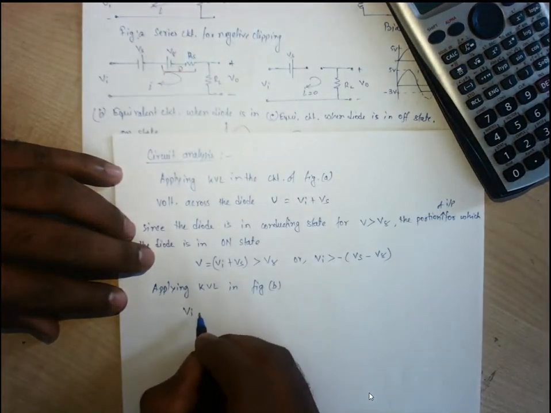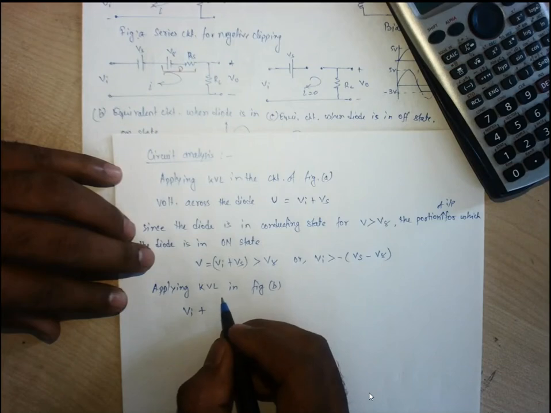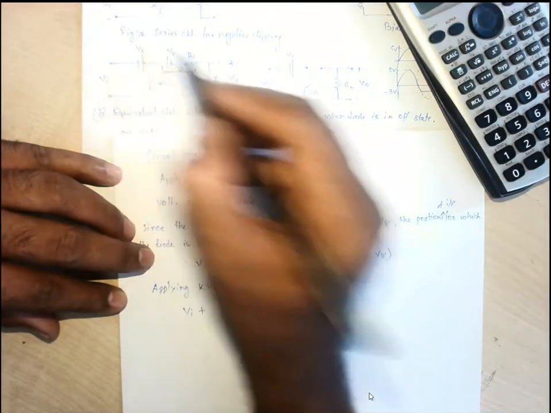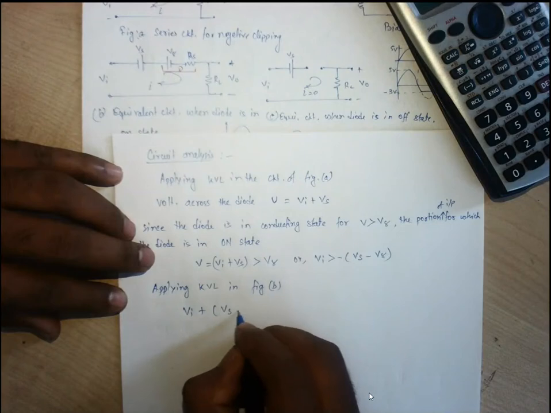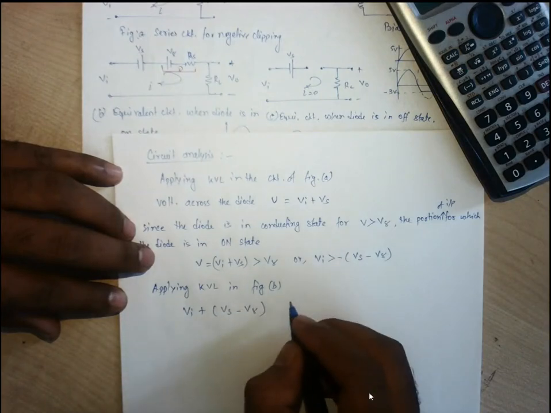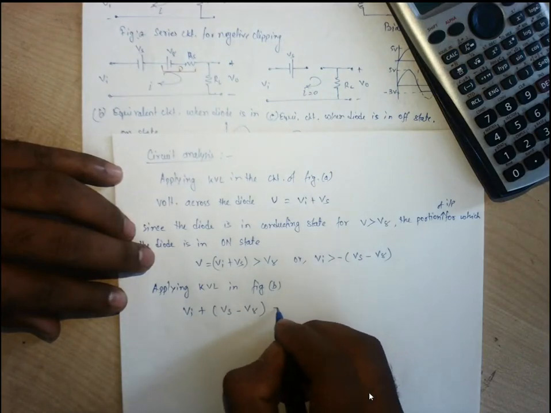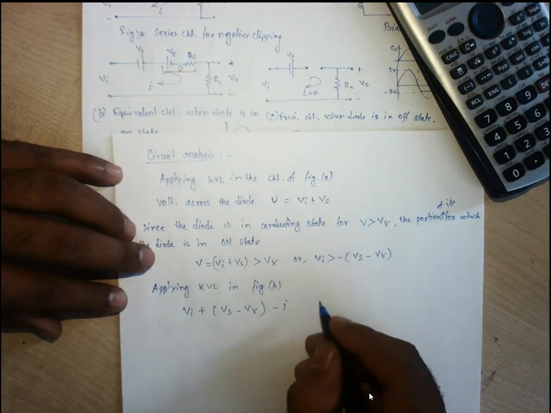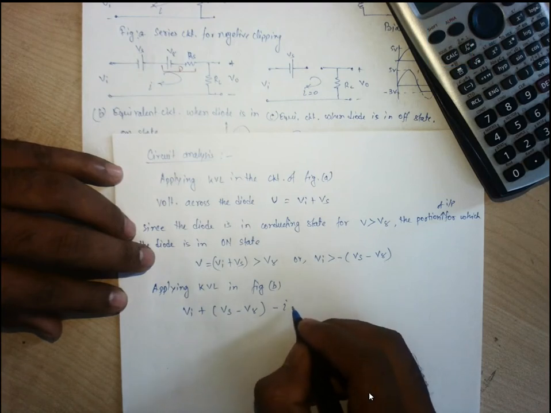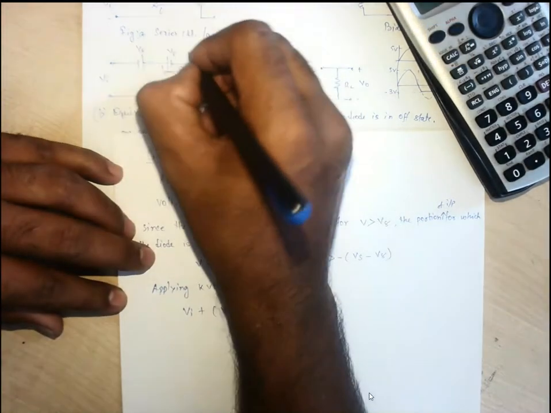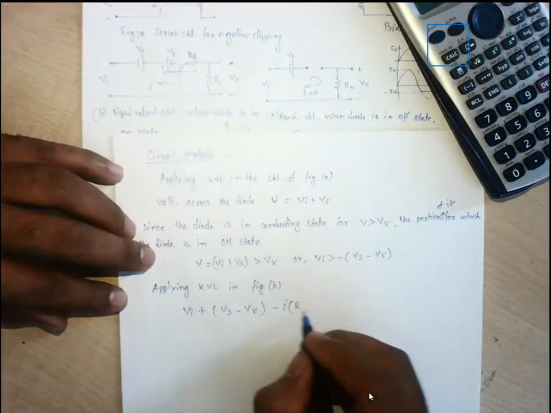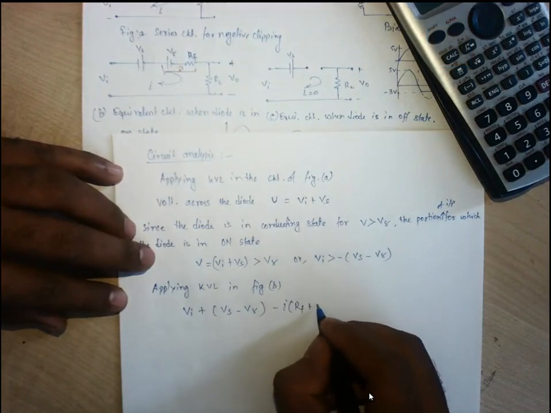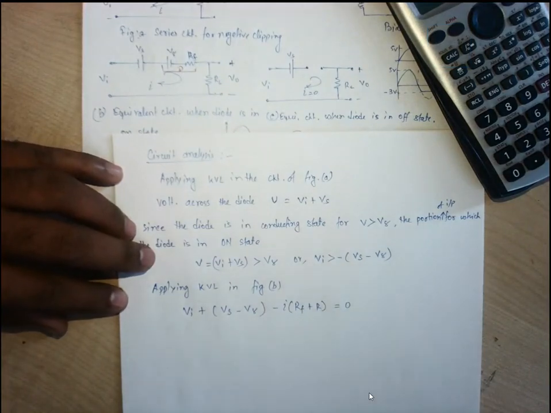Vi plus Vs minus V gamma, then let us take the opposite direction, so it is I into Rf, the forward resistance, plus R equals 0.